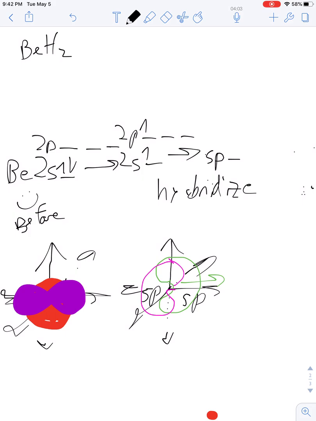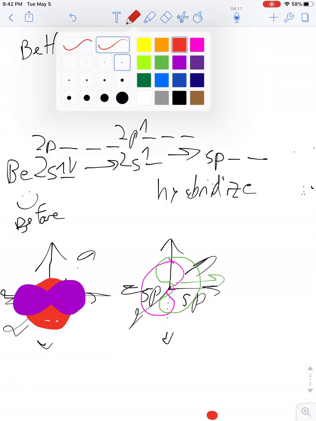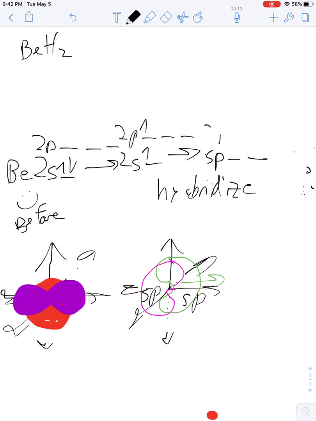The other p orbitals that weren't involved are still there. Now electrons want to go in the lowest available orbital, so my two electrons will go there.